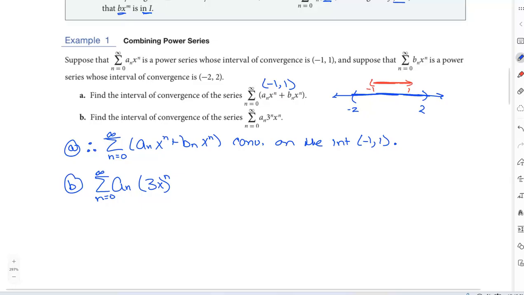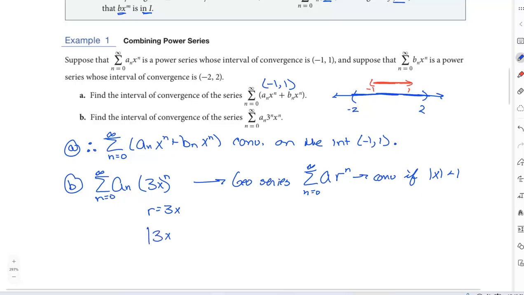So we could compare this to the geometric series, the sum from n equals 0 to infinity of a r to the n. And we know that converges if the absolute value of r is less than 1. So our r here is 3x. And this thing's going to converge if the absolute value of r is less than 1.